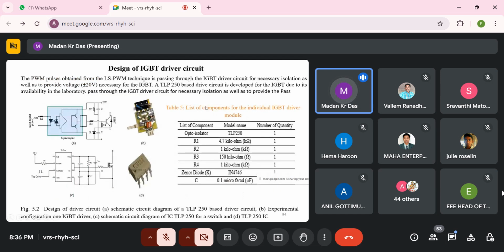And the design of the IGBT driver circuit: this is the basic structure of the isolation driver circuit, and this is the physical driver circuit, this part. This is the IGBT, this is the rating of every component, and this is the TLP250.